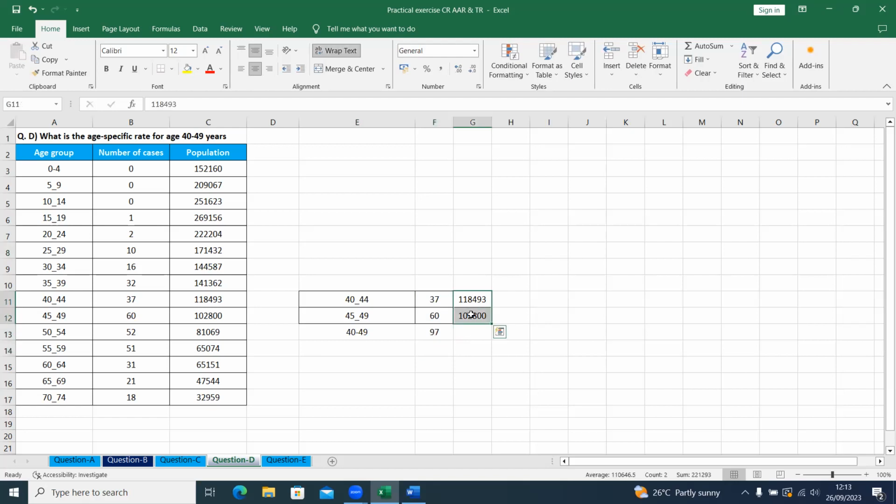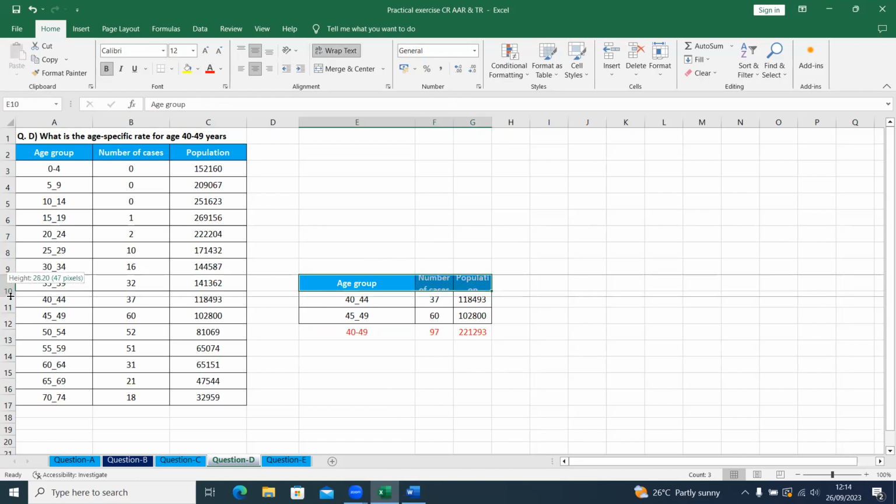Next, we have to add the population of age groups 40 to 44 and 45 to 49. The population of age group 40 to 49 is 221293. So now we have the number of cases in the age group 40 to 49 and the population of that age group.